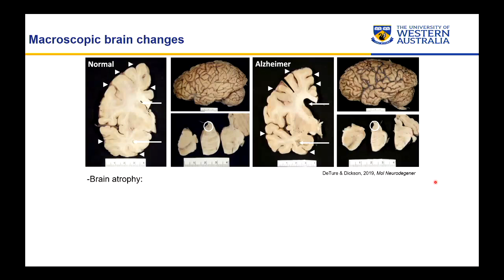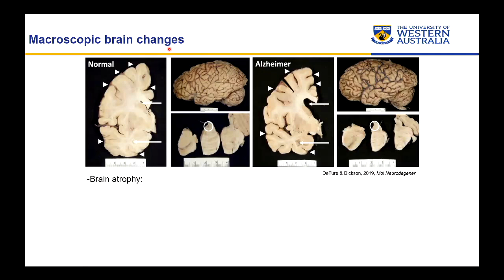So what are some actual brain changes that we see in the brain? Again, you don't need to focus on this too much. It's just so you can understand in your mind what's actually happening in the brain. I don't know if you've seen any of these pictures before, but one of the biggest changes that we see is lots of macroscopic brain changes.